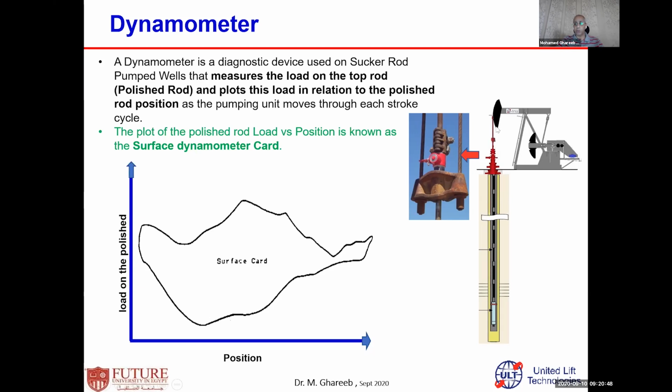This is the polished rod, and this is the top of the polished rod. If you zoom in on this area, you can see the carrier bar, this clamp, and this polished rod.